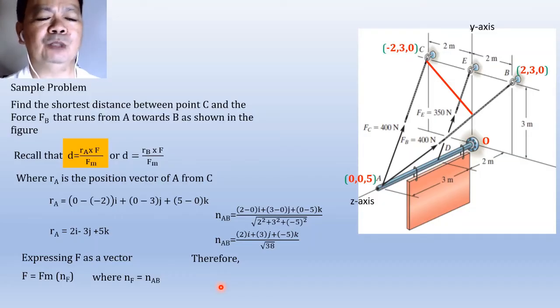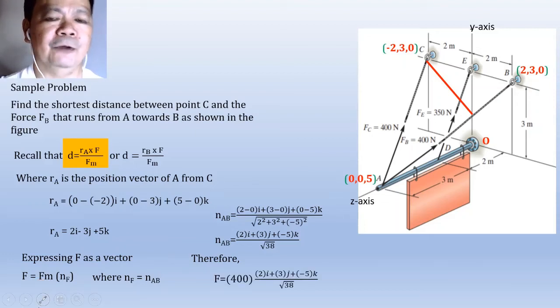Therefore, if this is substituted in the expression of F, F can now be expressed as F, representing the magnitude, times this direction, that is 2i plus 3j minus 5k over the square root of 38.